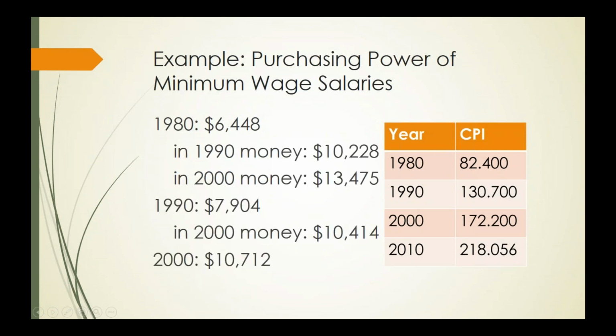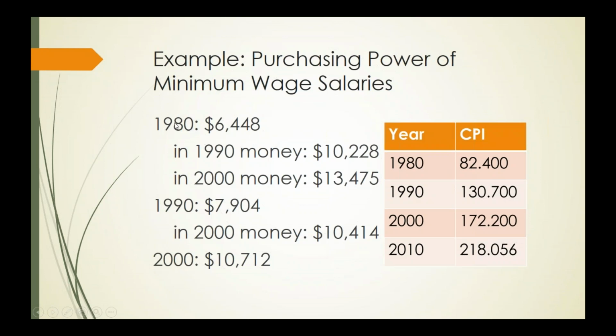We could also have used the first method. We could convert the 1980 wage into 1990 money and into 2000 money. We'd see the 1980 would be equivalent to 10,228 instead of the actual 1990 income of 7,904, so a good bit more. And the 1980 income converted to 2000 money should have been 13,475 instead of that 10,712.